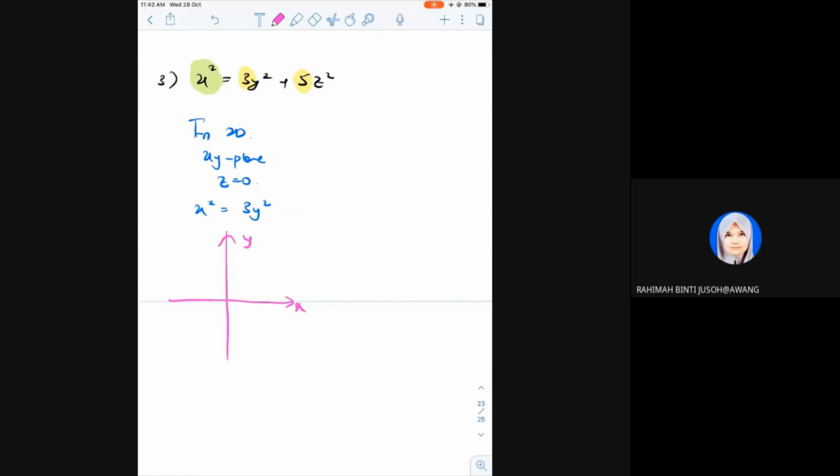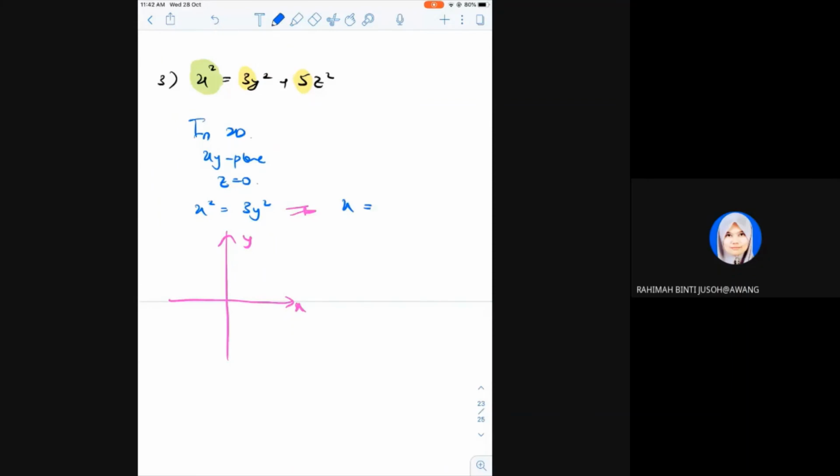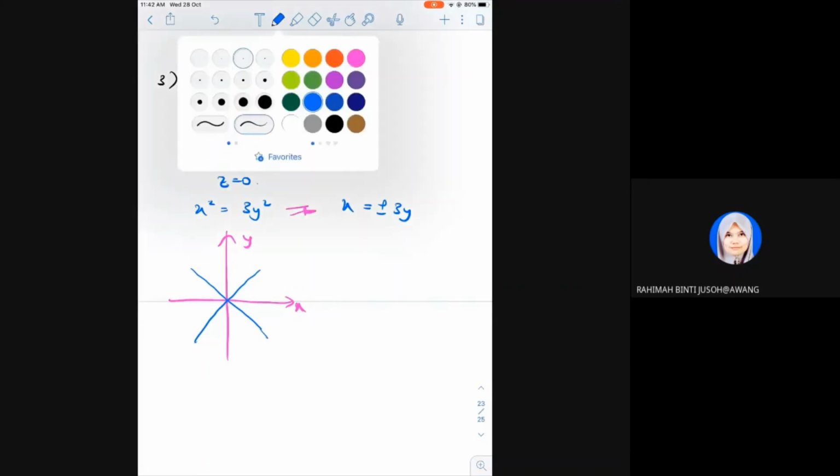Okay, so now the equation will be like this. X equals to, kalau punca kuasa both sides, we will have plus minus 3y. So of course lah, we will have this and we also have this. Macam tu. Tapi kali ni be careful. Sebab dia bukan pada paksi Y tau. Kon dia pada paksi X. Sebab X sebagai subjek lah.